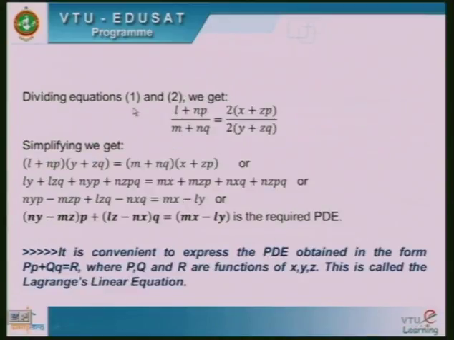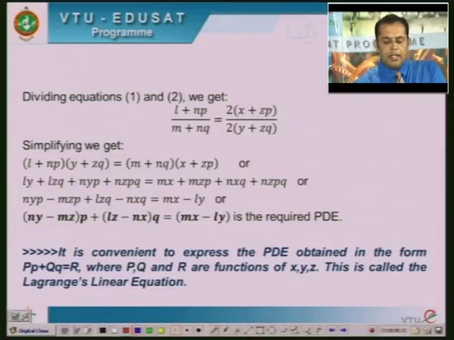Dividing equations 1 and 2, you get (l + np)/(m + nq) equal to, this 2 also cancels, f' also will cancel when you divide directly, so it is (x + zp)/(y + zq).